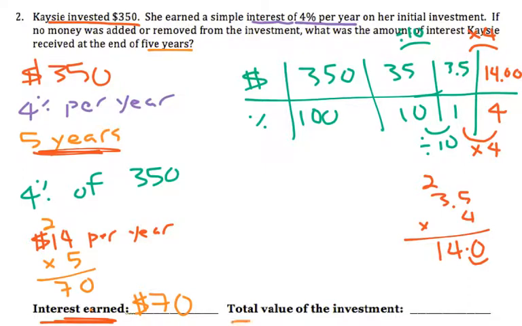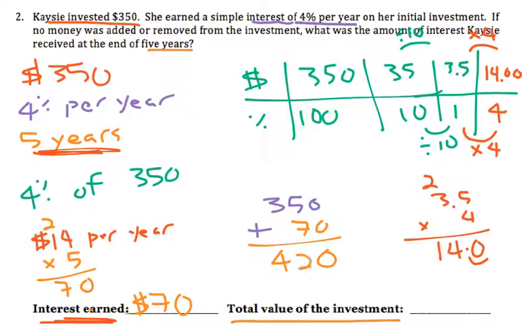And then, what's the total value of the investment? Well, she put $350 in the bank, so that money's still hers, and then she earned $70 in interest, which means that after 5 years, her money has grown, and now it's $420.